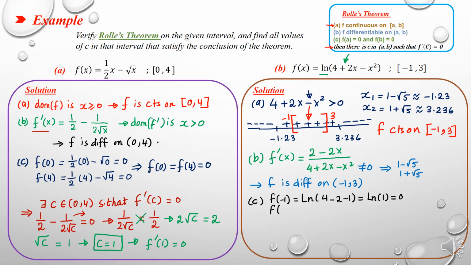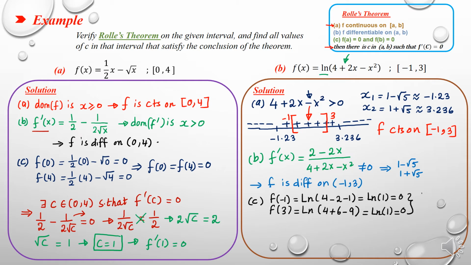And you have to check f of 3, and you have ln of 4 plus 6 minus 9, which equals ln of 1, which is also equal to 0.